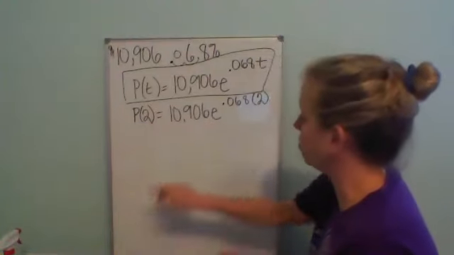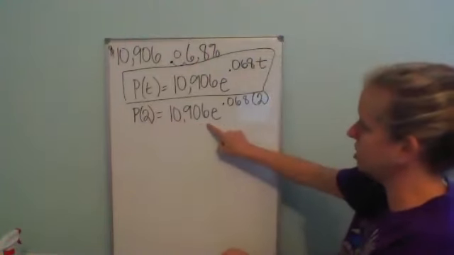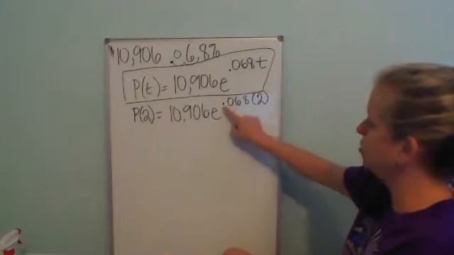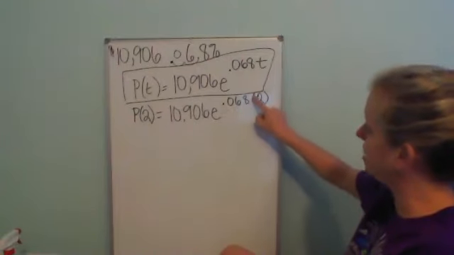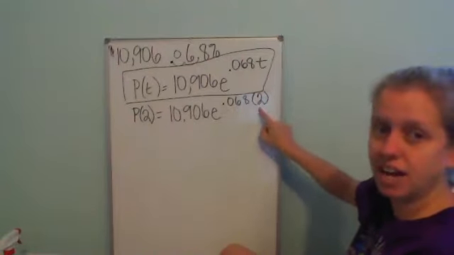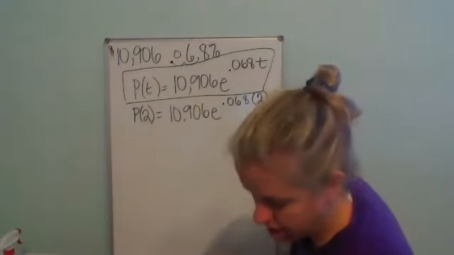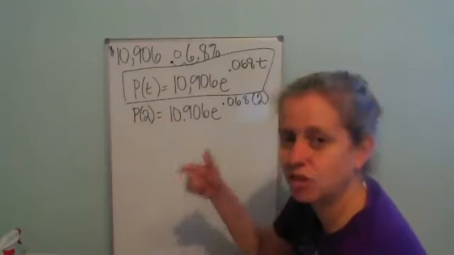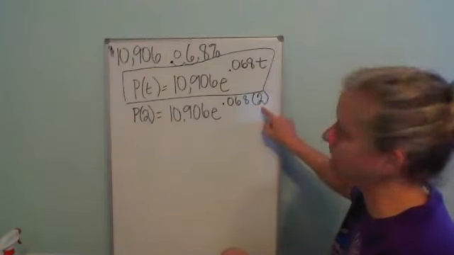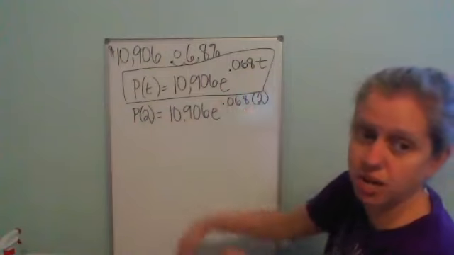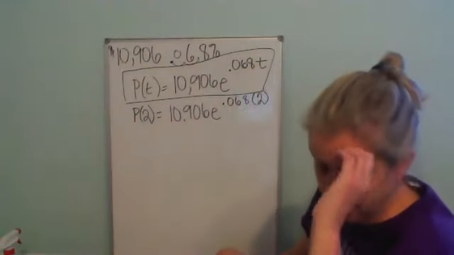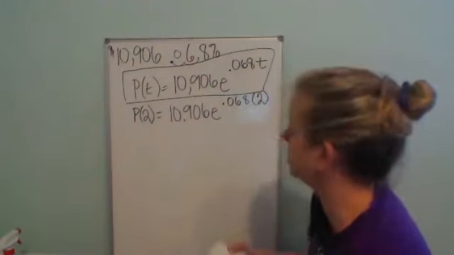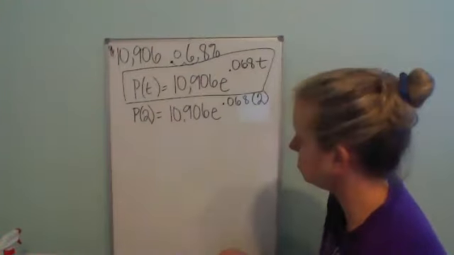So again, just like we did before, so 10,906 E to the 0.068, but instead of times 1, now we have times 2 because it wants 2 years. So you'll do the same thing. My next one says after 5 years, and then it says after 10 years. So again, you're just changing that T to however many years it wants you to put in there, and then rounding your answer to the nearest cent.